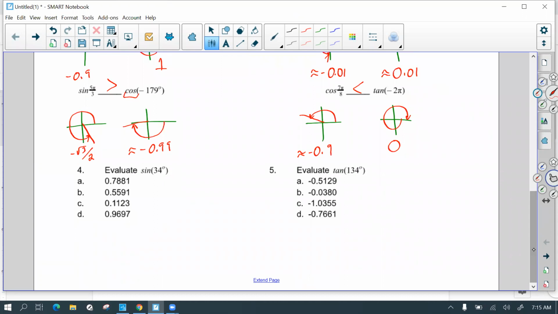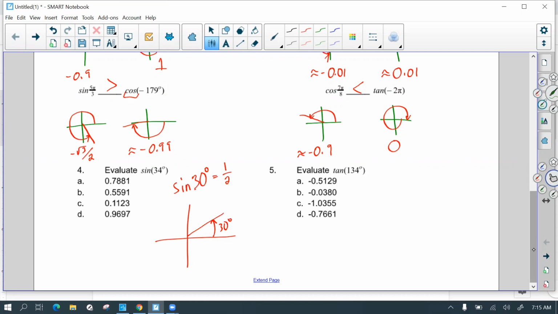4 and 5, without a calculator. This is multiple choice. So how are you expected to find these values? The only way is to find it by process of elimination. I want you to think that sine of 34 degrees is got to be close to the sine of 30 degrees, which equals 1/2. So here's 30 degrees, and the sine value is 1/2.